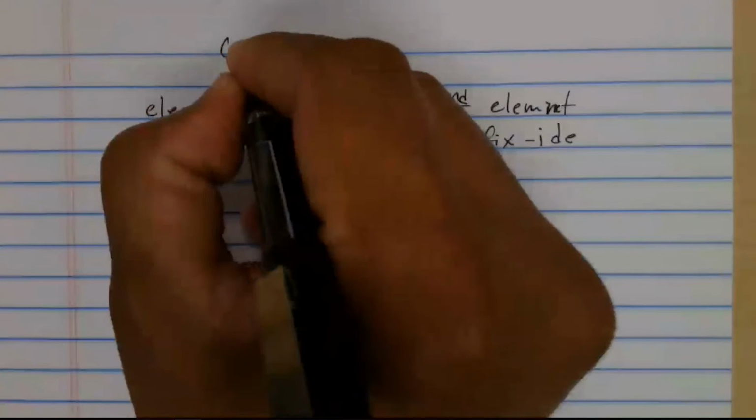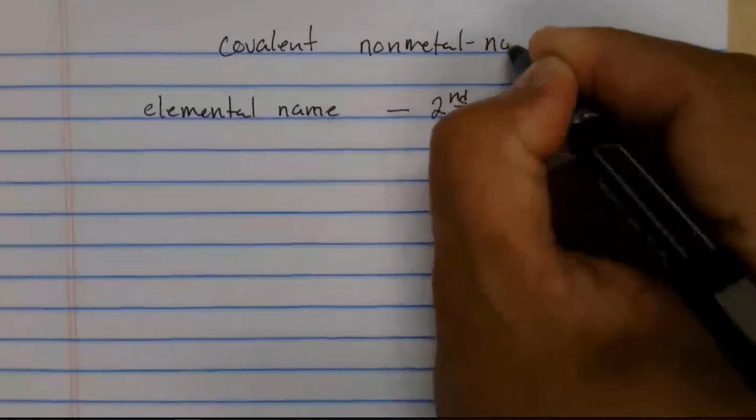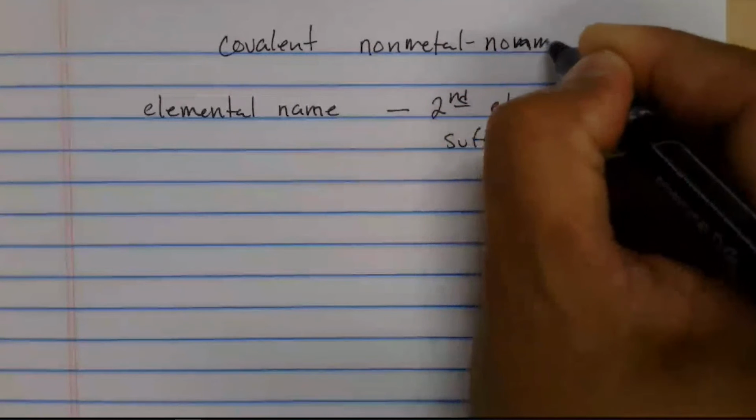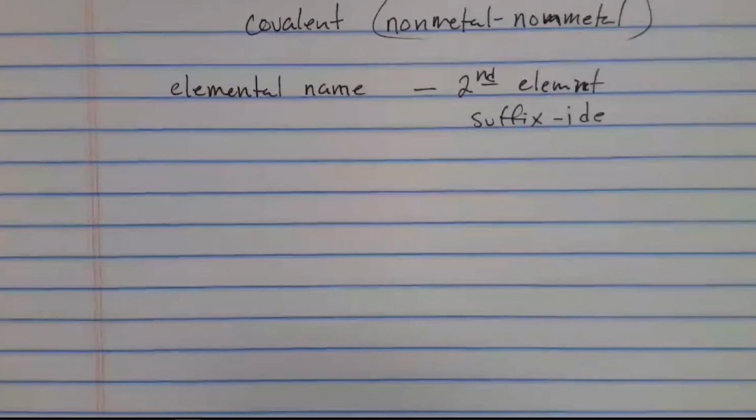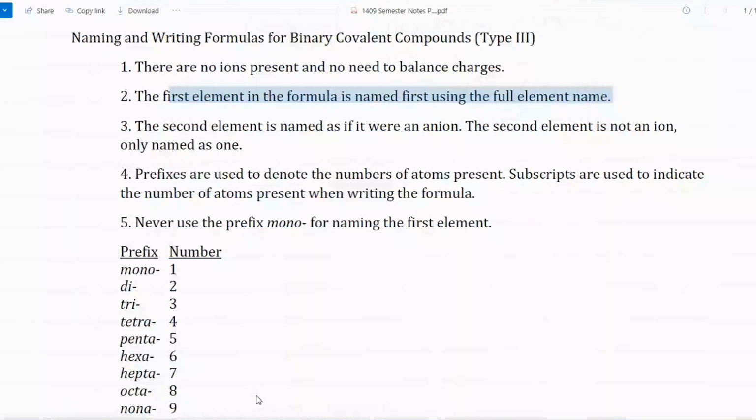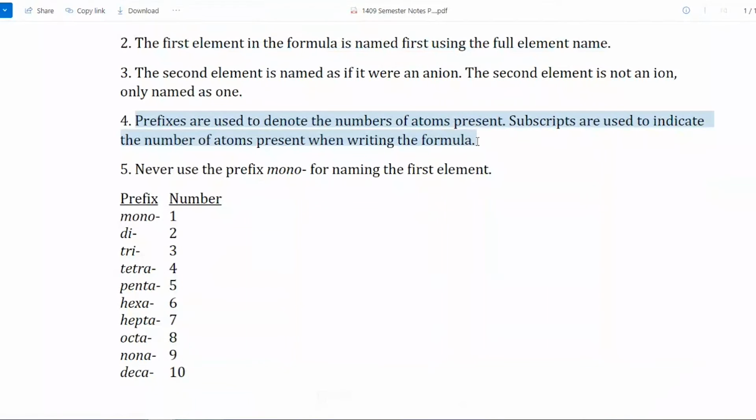So these are for covalent, or nonmetal, nonmetal compounds. And they're pretty easy. Most students like naming nonmetal, nonmetal. We tell the reader how many atoms there are by using prefixes.